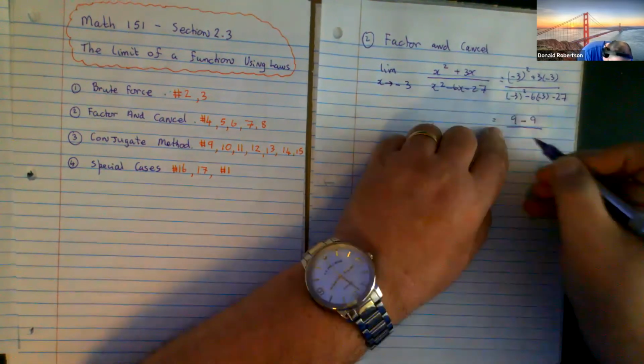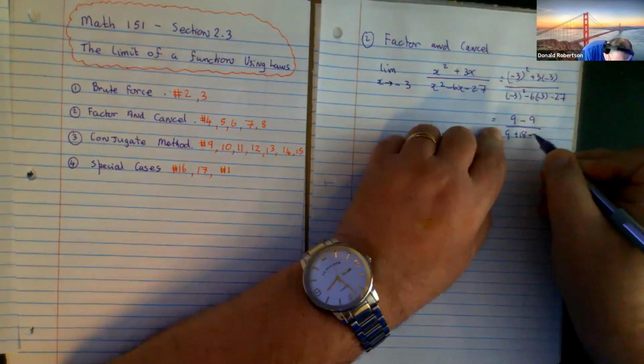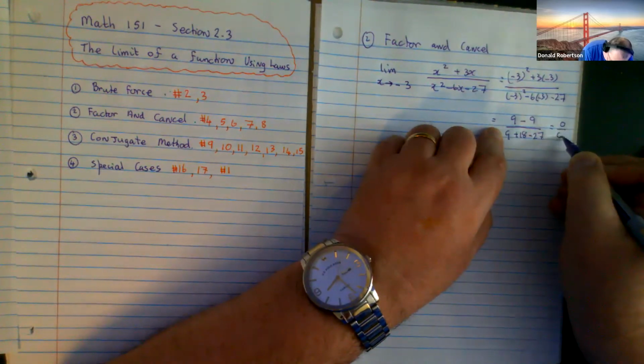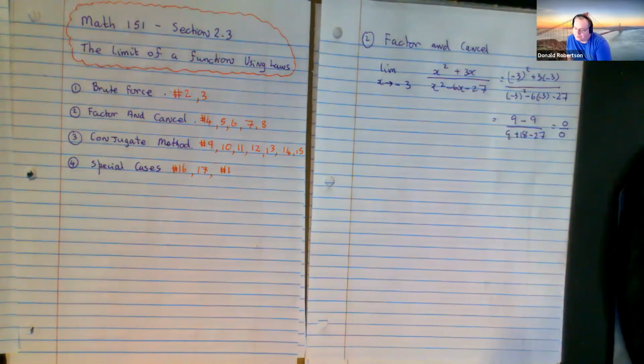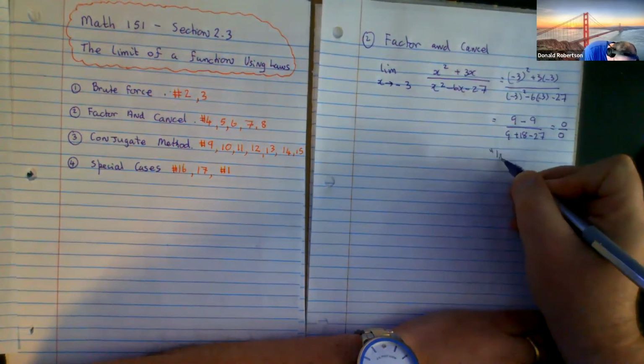That guy is 9. 2 negatives make that guy a positive 18 and take away 27. Do you see that what we end up with is 0 over 0? Got that? We even have a name for when that happens, just in case you hear it being mentioned anywhere.